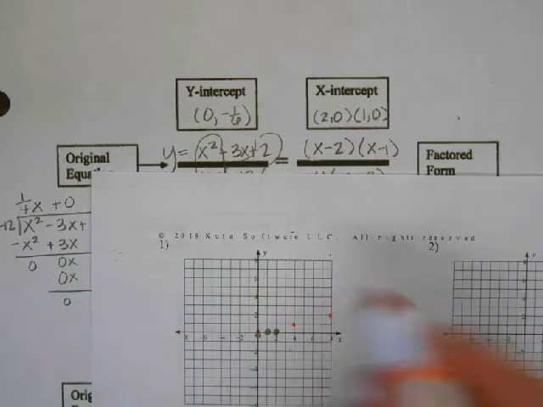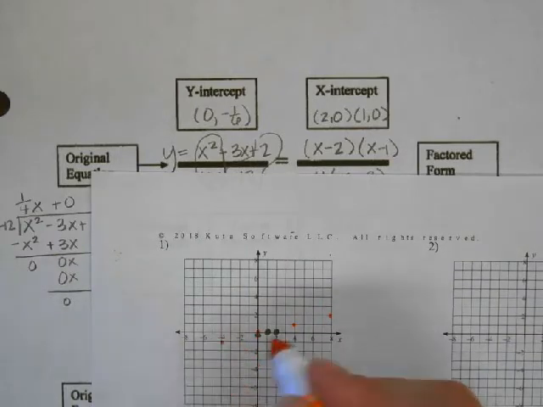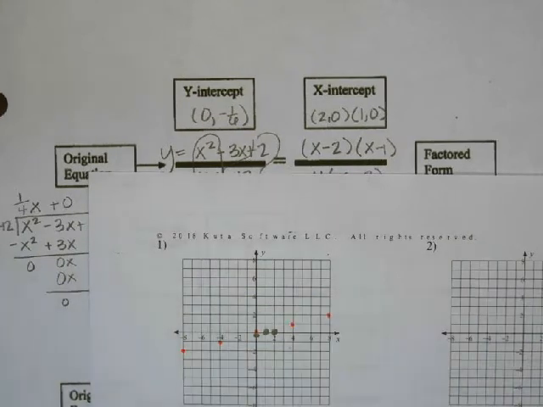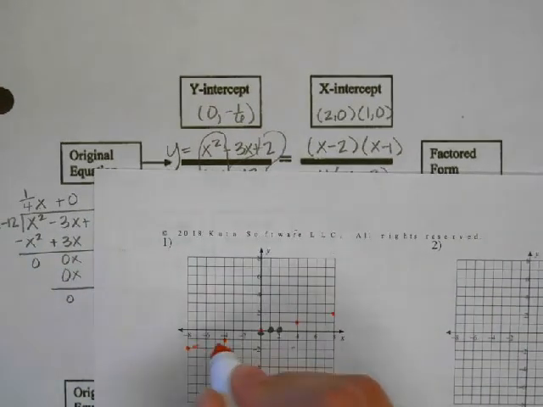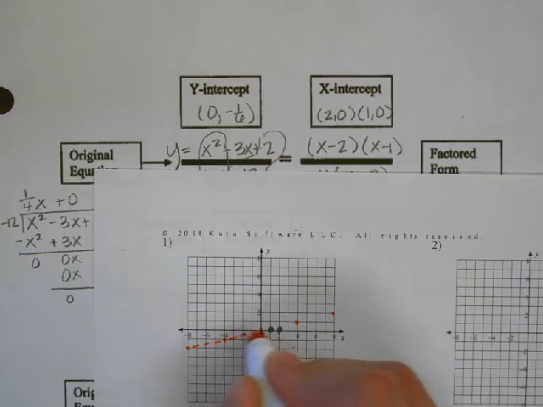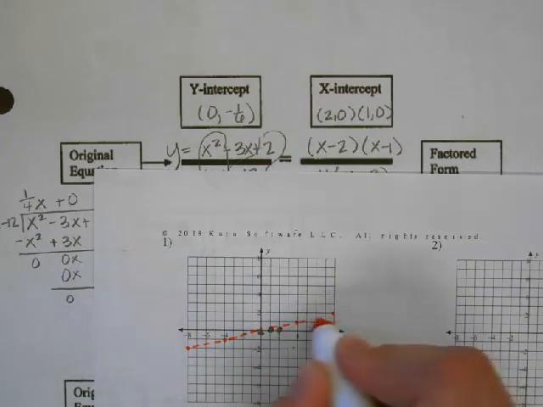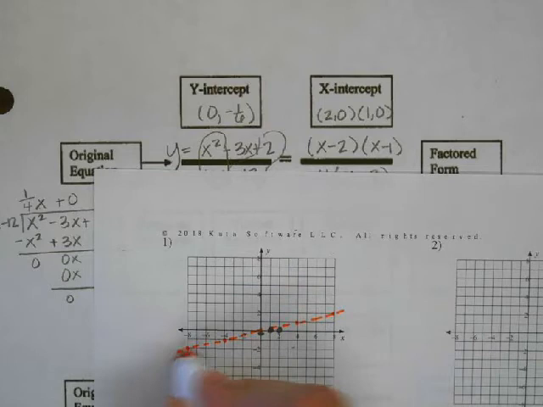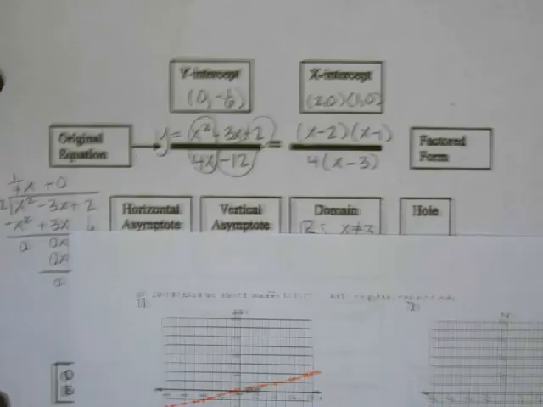Up 1, right 4. And so my slant asymptote looks like this. Okay. And then I have a vertical asymptote at 3.